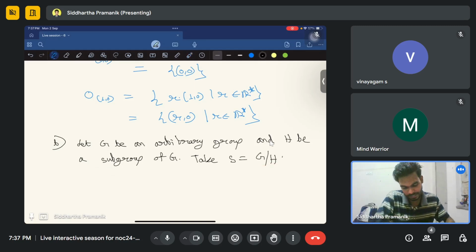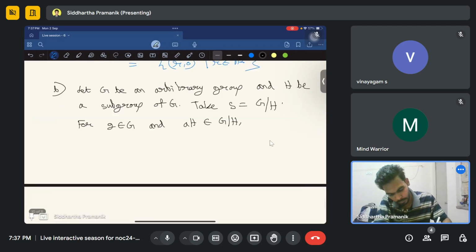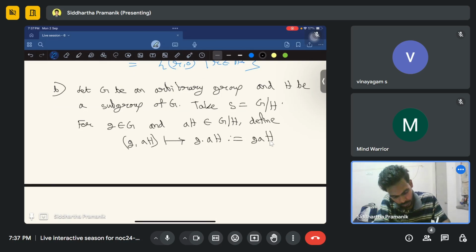So we will define an action of G on S. For g belongs to G and a left coset aH belongs to G mod H, define this map which goes to g dot aH as just g a H. Okay, so then it is a group action.